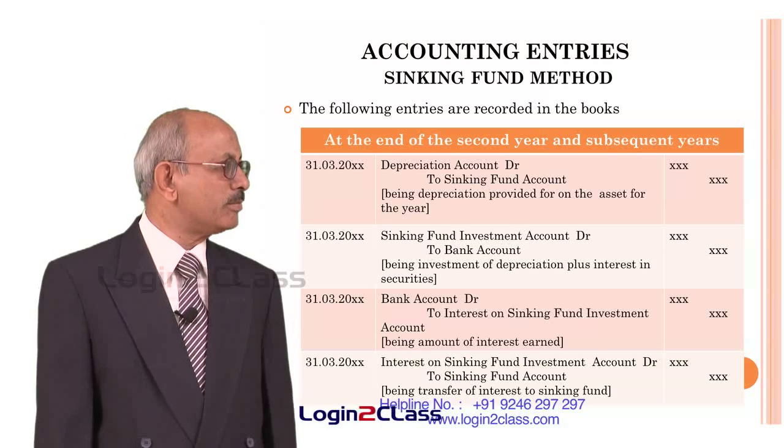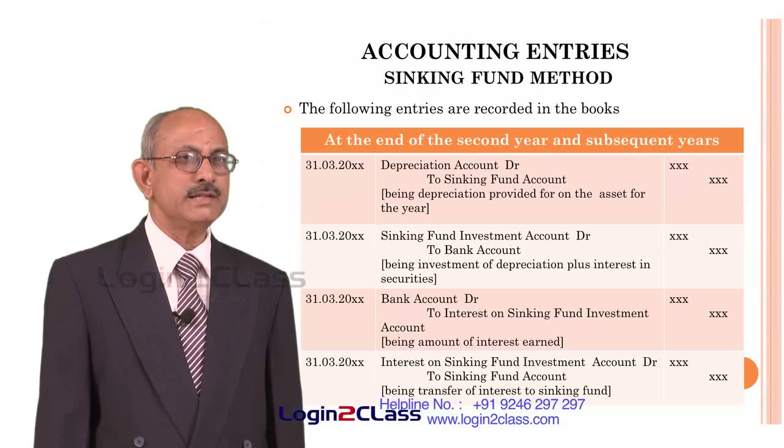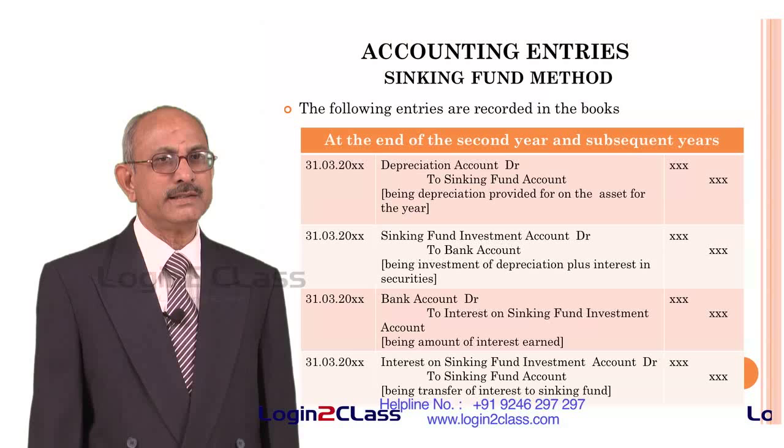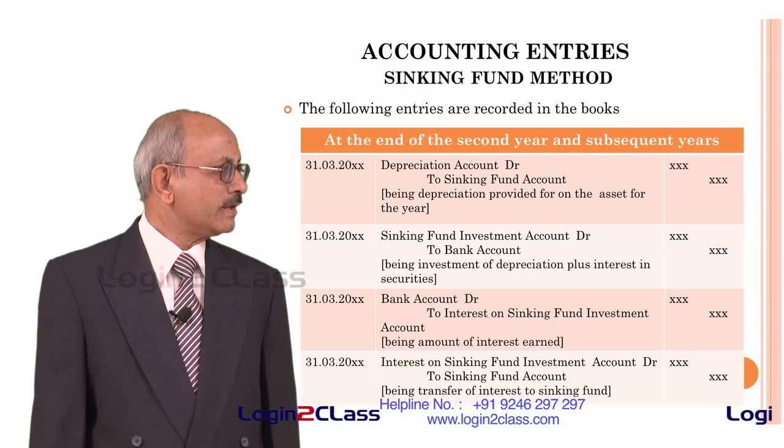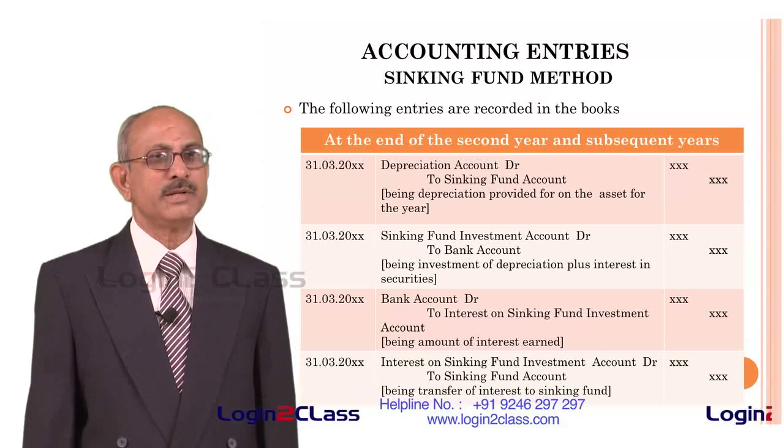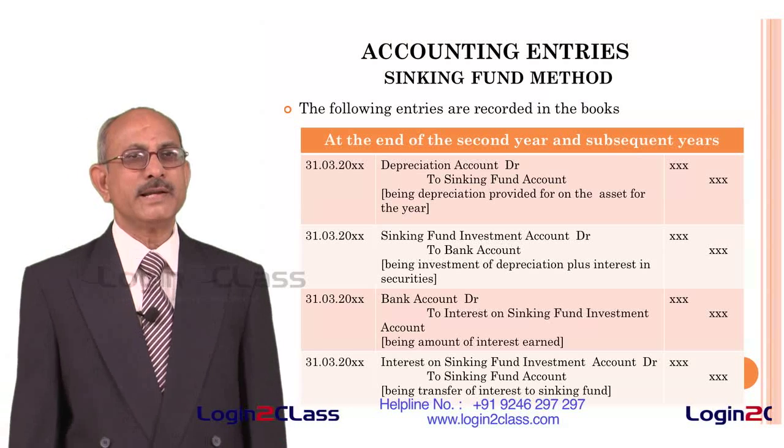And at the end of the second year and subsequent years, we have to similarly pass entries. In the second year, what happens? We will again pass the two entries, that is depreciation account and sinking fund account, and also transfer to the sinking fund investment account by crediting the bank account.